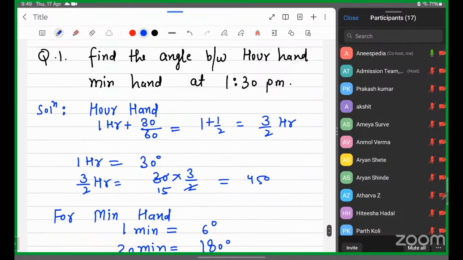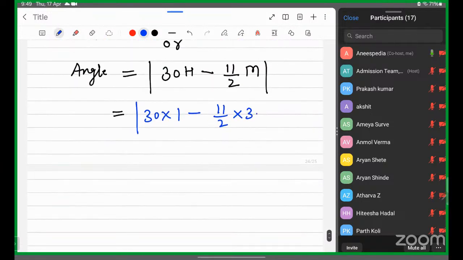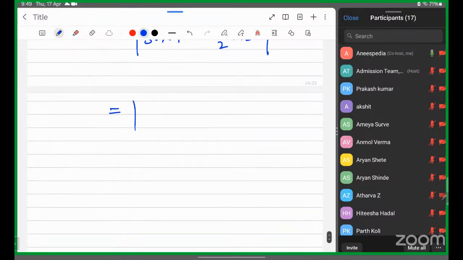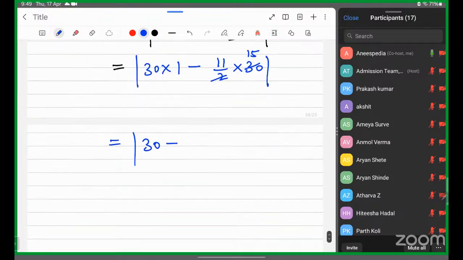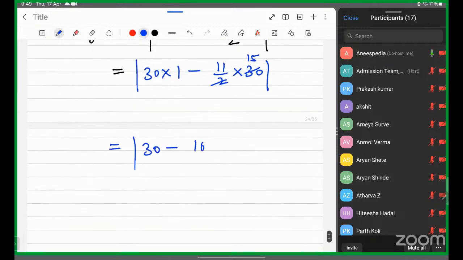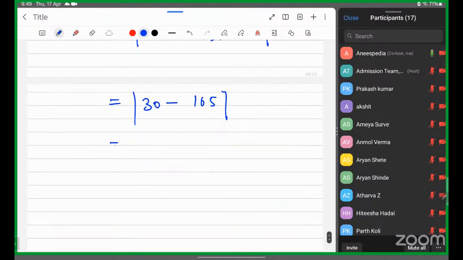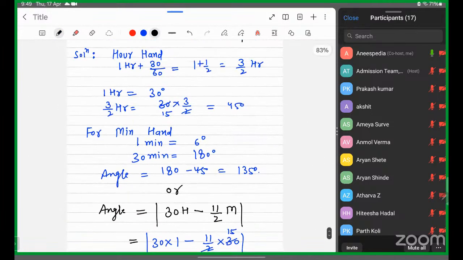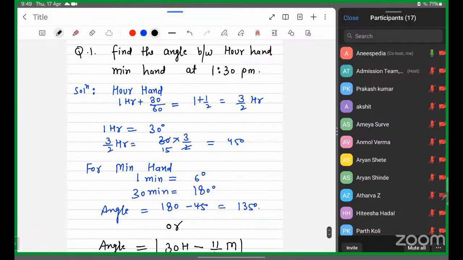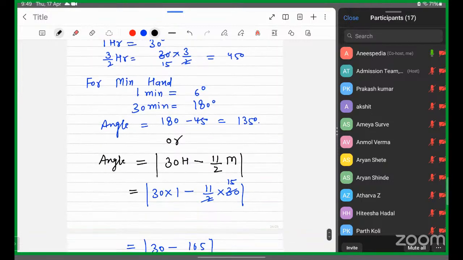Minute is 30. So this will be 30 minus how much? 11 into 15, 165. So this will be how much? Again 135 will be. Are you getting it how to solve it? So there are two different ways. Either you can deal it separately, find the overall angle traveled by hour hand, find the overall angle traveled by minute hand, and take the difference. Or you can go by the formula. Understood?